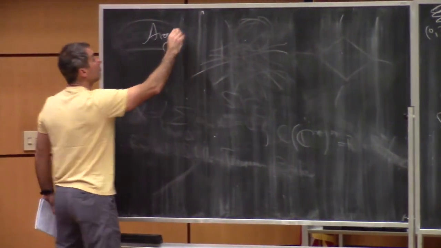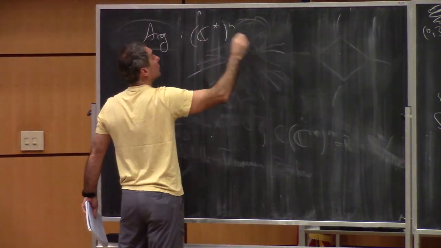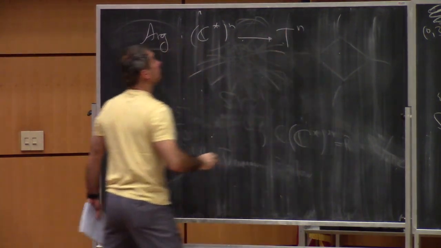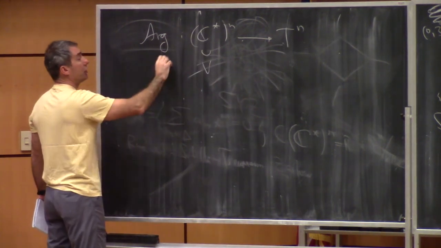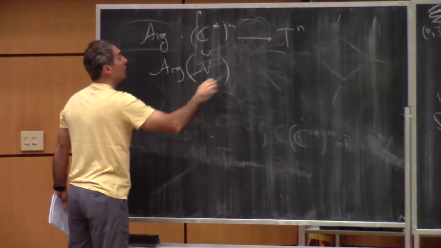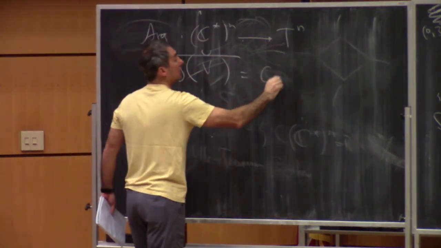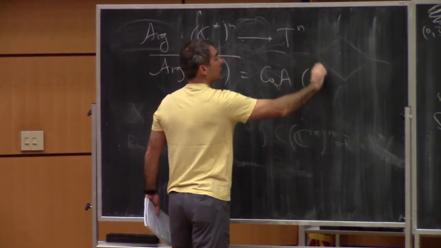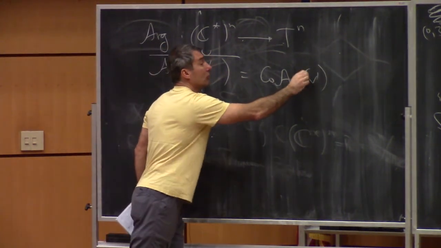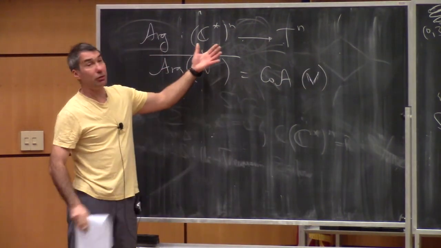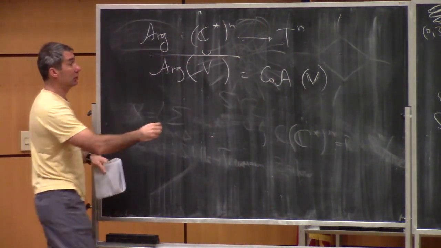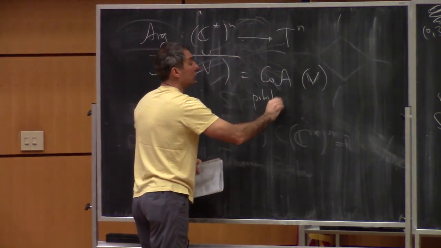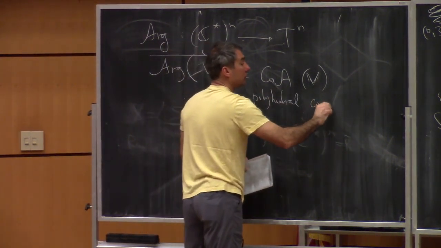So if you have an argument map from (C*)^n to the torus T^n, and if you have any hypersurface V in here, you just take the argument of this V, take its closure, and call it the co-amoeba. So it's a subset of the torus. It turns out to be, for a hypersurface, a polyhedral thing. So this is a polyhedral complex, of full dimension.